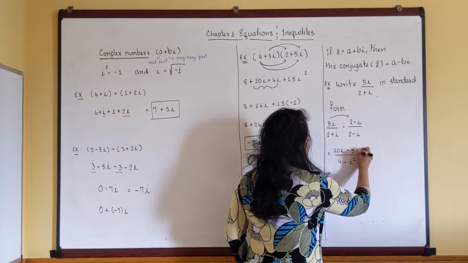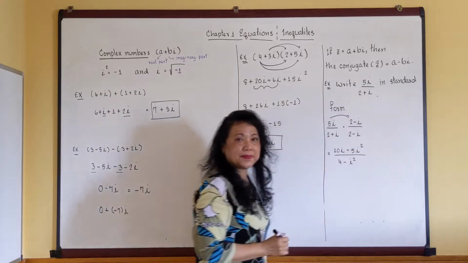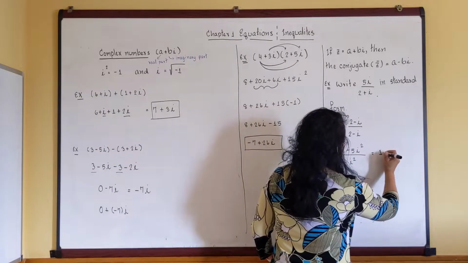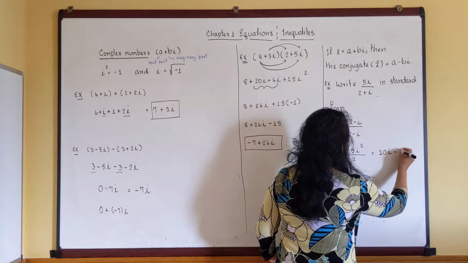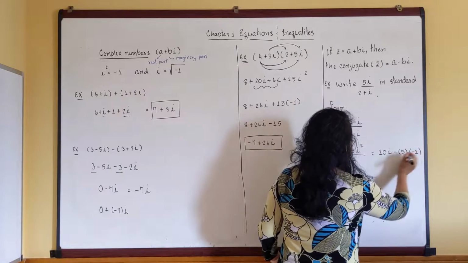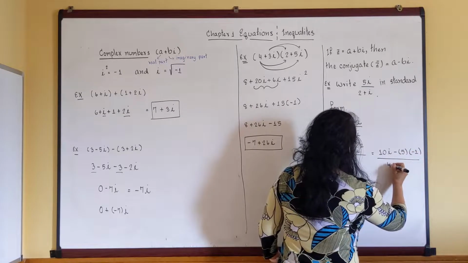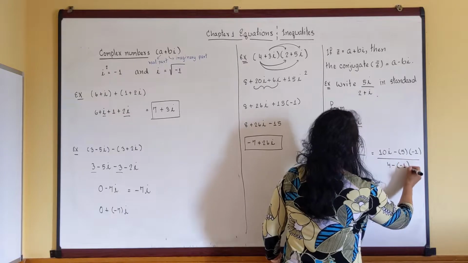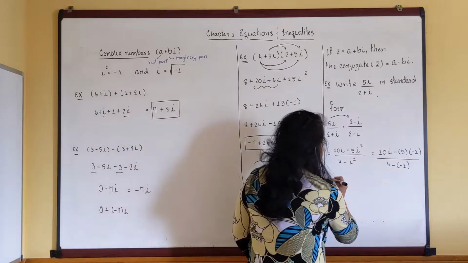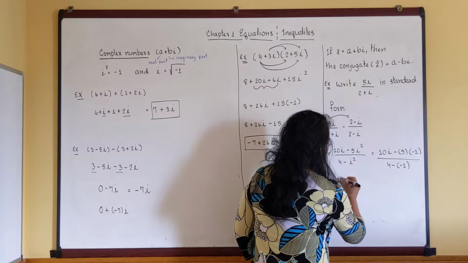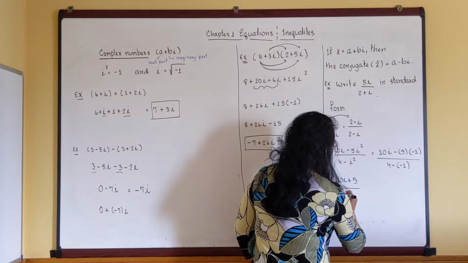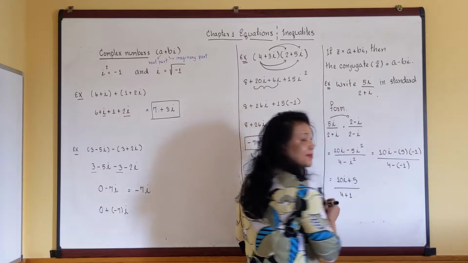minus 5i squared. Let's simplify a little bit. So I have 10i minus 5, i squared is negative 1, 4 minus negative 1. I replace all the i squared with negative 1. So I end up with 10i plus 5 over 4 plus 1.